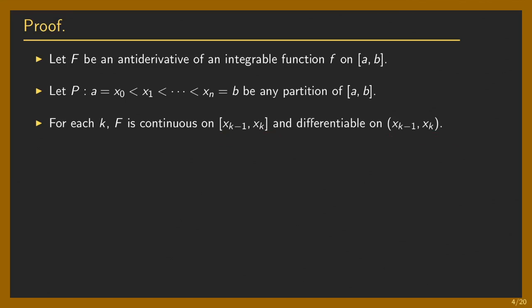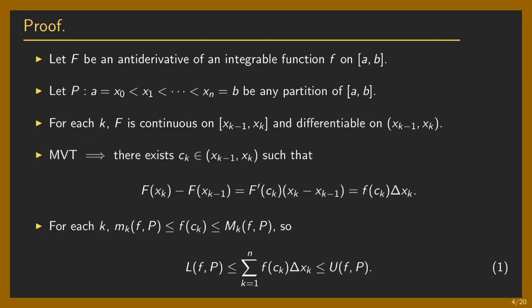Here is where we are going to apply the mean value theorem. Because F is continuous on the closed and differentiable on the open, by the mean value theorem for each k, we can find a number c sub k between x sub k minus 1 and x sub k, so that this is true.